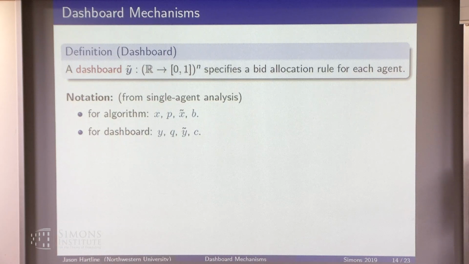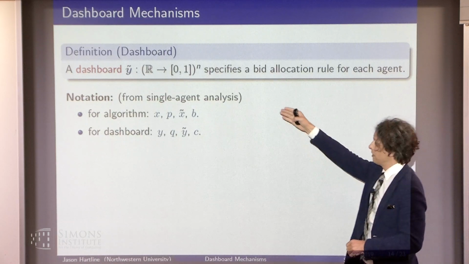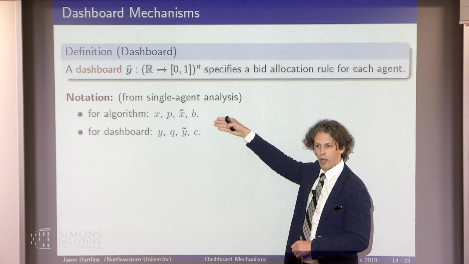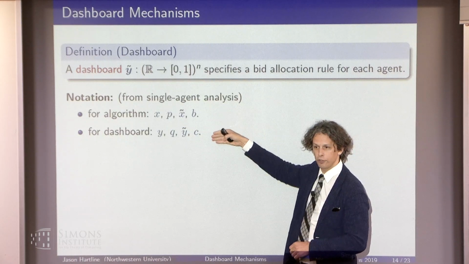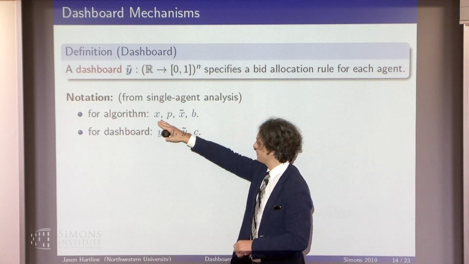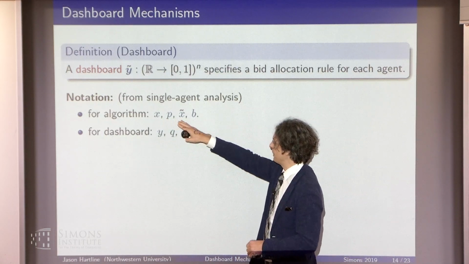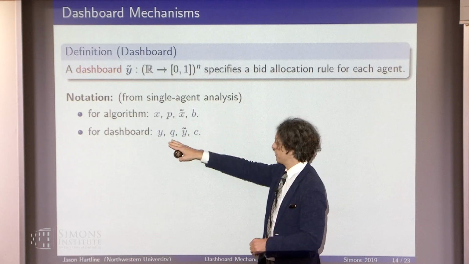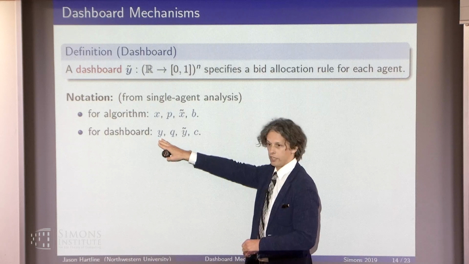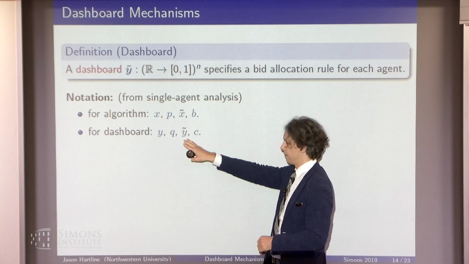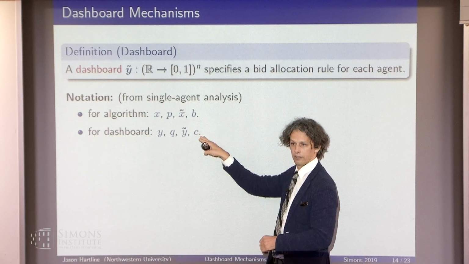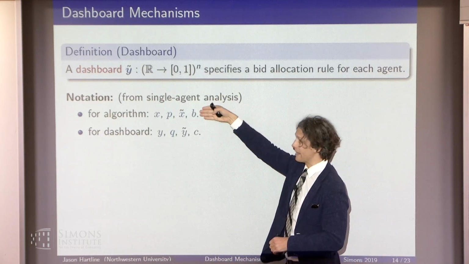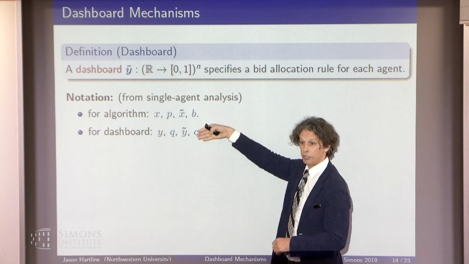Okay, I'm going to be talking about the algorithm that we're actually running and the dashboard we're showing, so it's going to be helpful to have different notation for those two. So the algorithm is going to be allocations, payments, bid allocation rules, and bid strategy. For the dashboard, it'll be allocations, payments, a bid allocation rule, bid strategy. Okay? We're always going to be running this, but we're going to be showing them this.